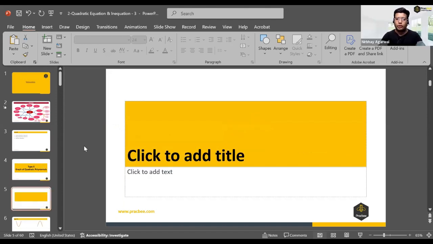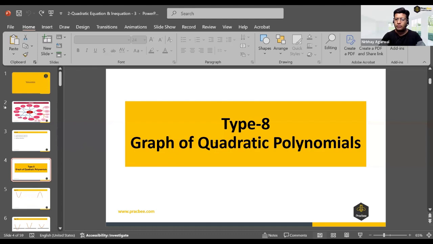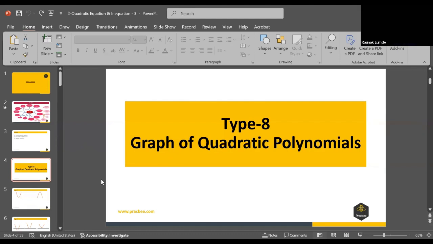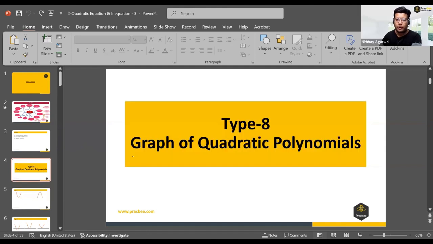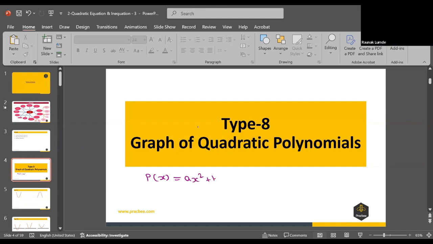So a standard form of quadratic equation is what? If you draw the quadratic equation, it will be either an upper parabola or a lower one. If you write the quadratic polynomial expression, p(x) will be ax square plus bx plus c.